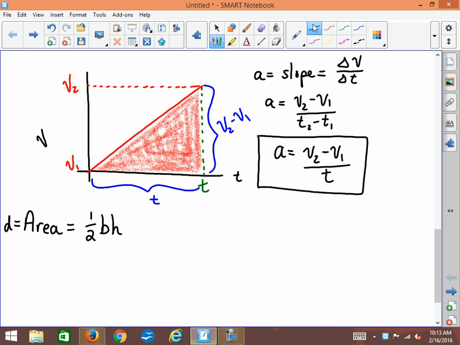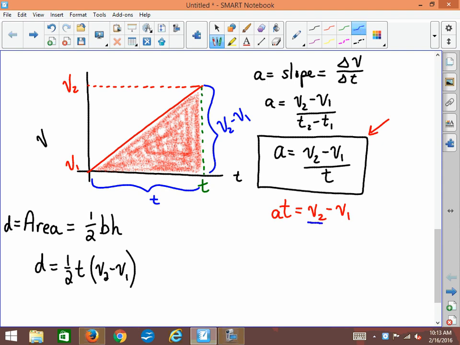Let's write our equation then. The displacement, which is the area, is 1/2 of the base, which is t, multiplied by the height, which is v2 take away v1. All right. Now, to make things simpler, I'm going to go back to my other equation, right over here, that I had written before. And I'm going to mess with it a little bit. If I take this equation and I multiply both sides by t, I can turn it into this. And this tells me that the v2 minus v1, whatever that works out to be, has to be the same as a times t.